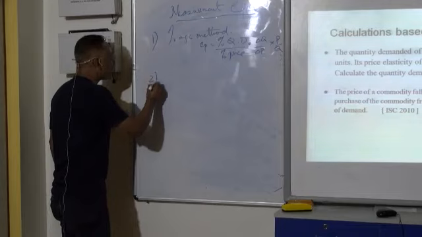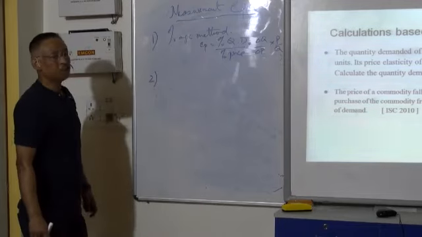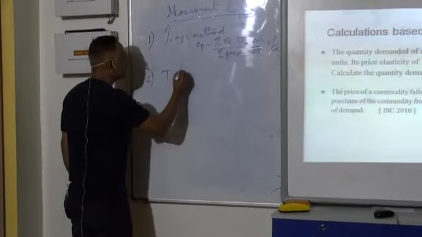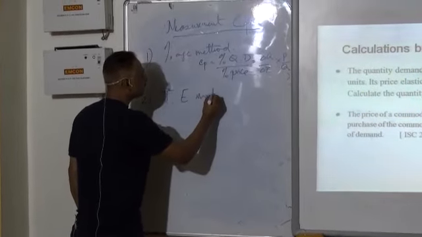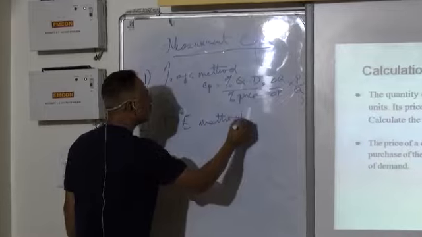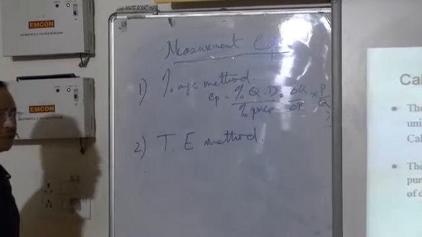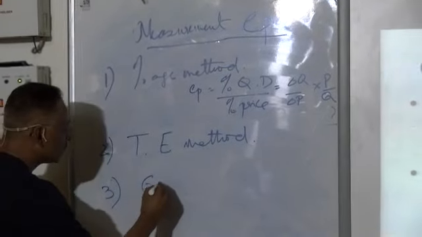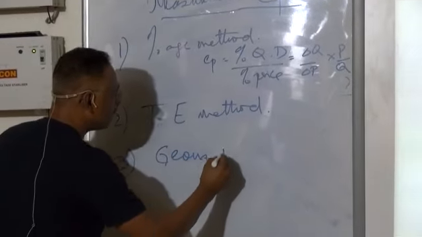The second type of measurement of price elasticity of demand is the total expenditure method. And the third one is known as geometrical method.